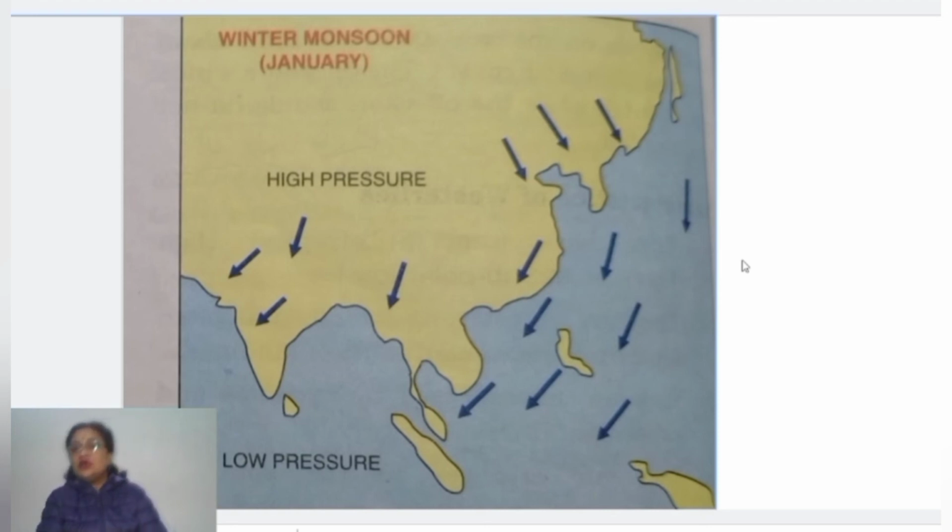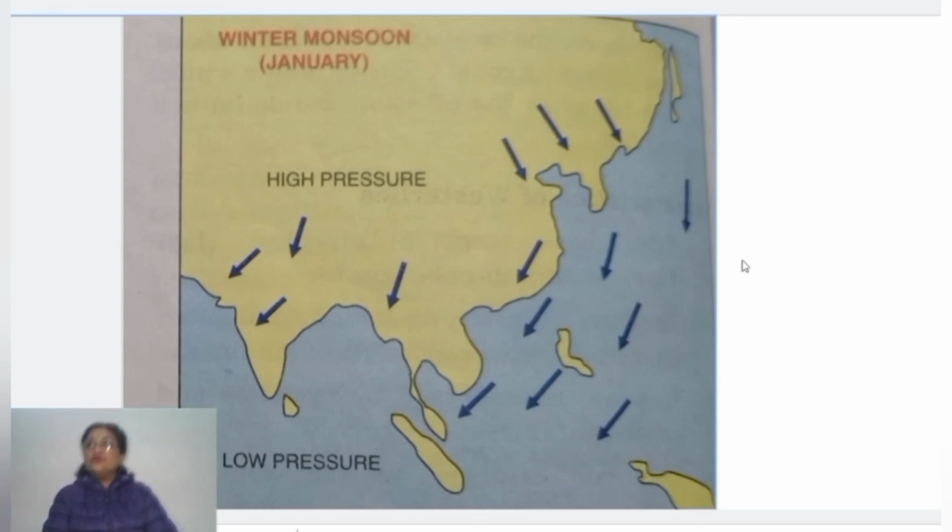These winds are hot, dry and dusty, and they generally blow during the hot summers, meaning May and June. These are the months when these winds blow. And what is the effect of these winds? These winds actually cause sunstroke. So this is the first example of the local winds, Loo.